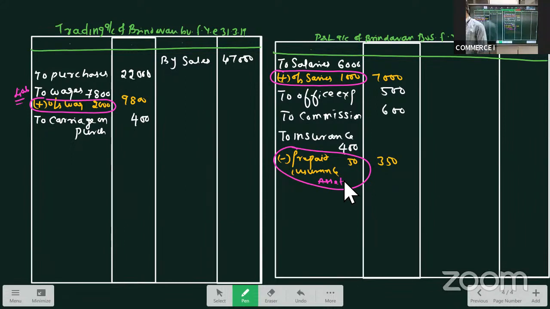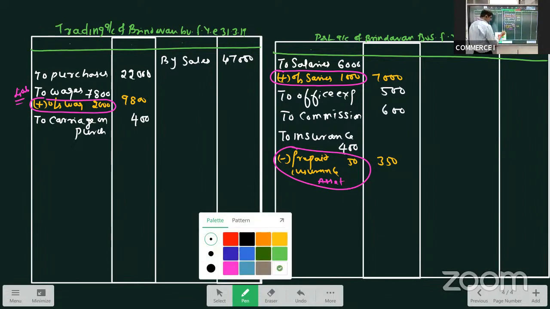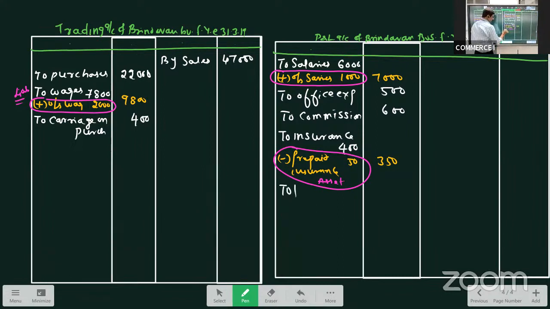Okay. So then create 5% reserve for debtors. Debtors are given as 30,000. See in the trial balance, debtors are given as 30,000. So on that 30,000, we have to create a provision of 5%. Provision for bad debts, provision for doubtful debts, or reserve for doubtful debts is one and the same.